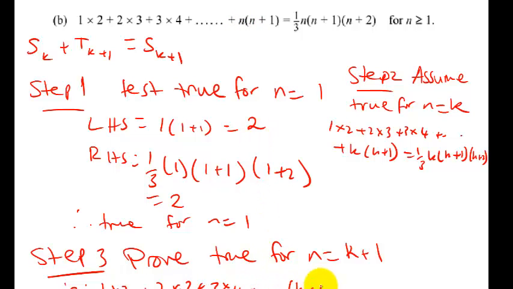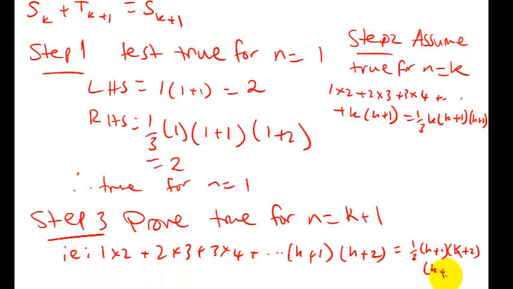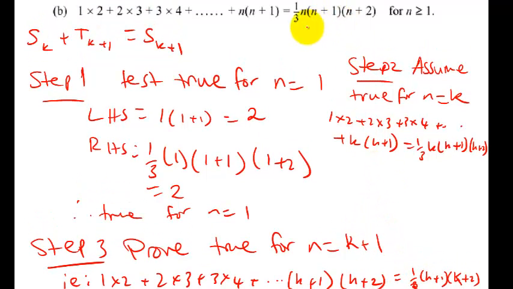So k plus 1, and then k plus 2, is equal to 1/3 k plus 1, then k plus 2, then k plus 3. You see that's what you're trying to prove? But just n is k plus 1, that's it. You should already know how to do that from a lot of different substitutions.